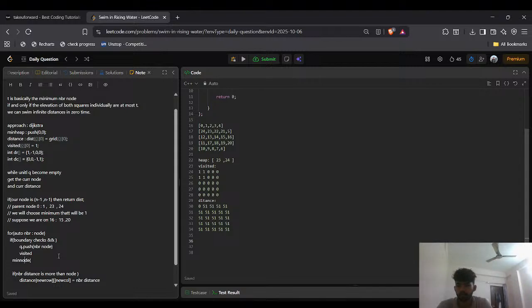We can do the minimum of min node or neighbor. We can simply write neighbor. Then our min node will be neighbor node. Okay, neighbor distance. Of course, the previous is node distance, not. Wait.